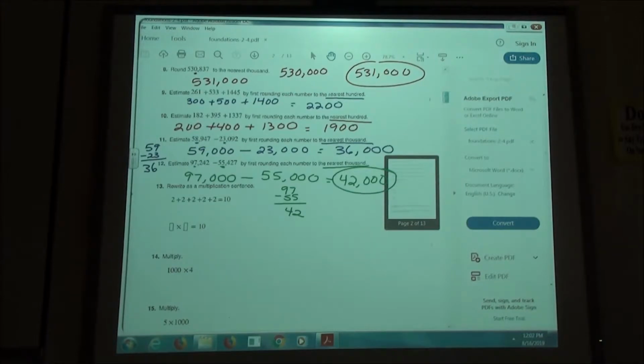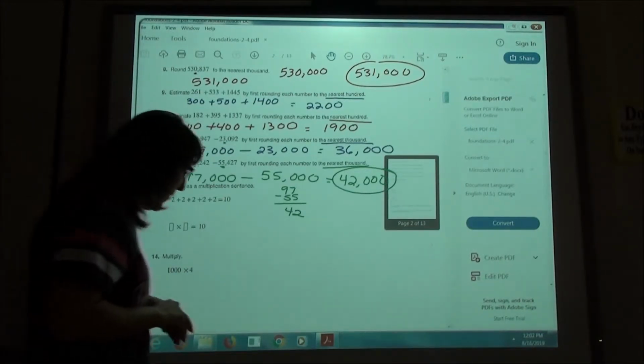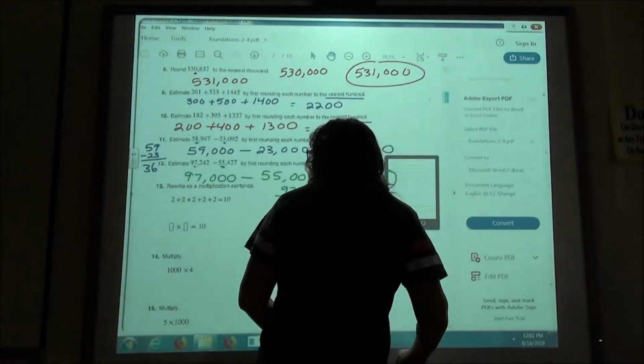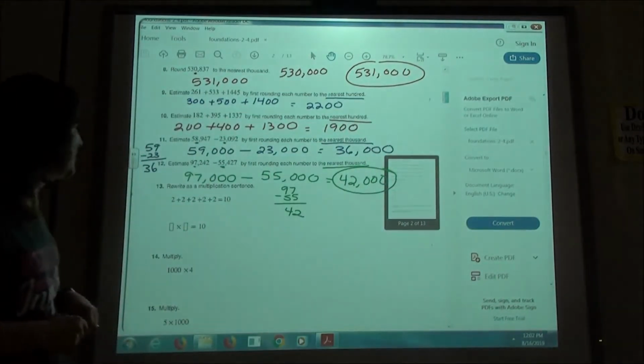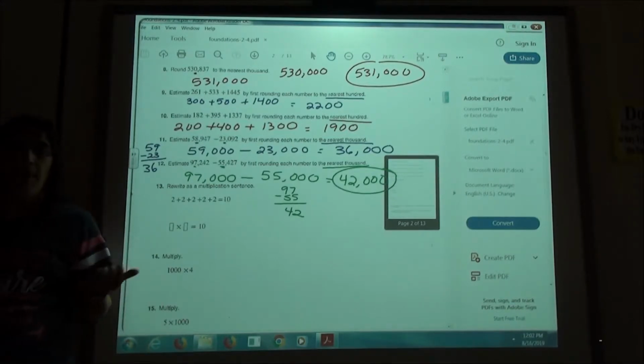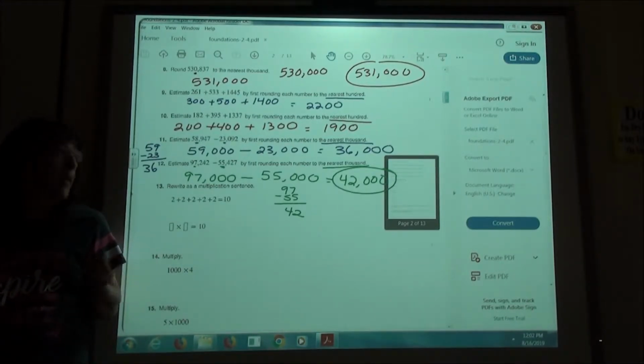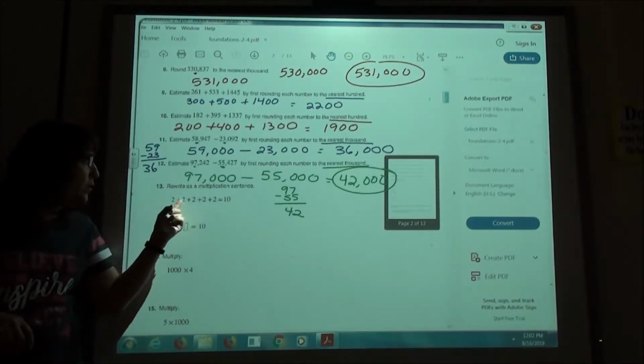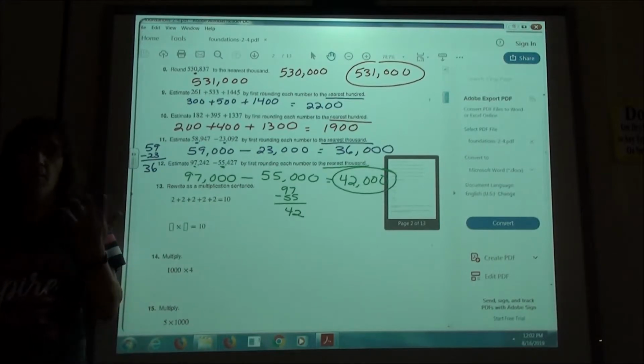So on these ones here, these are a little weird. It tells you to rewrite it as a multiplication sequence. So when you add the same number together, you can shorten it up and make it into a multiplying problem. If I have 2 plus 2 plus 2 plus 2 plus 2, 1, 2, 3, 4, 5, there are 5 2's.